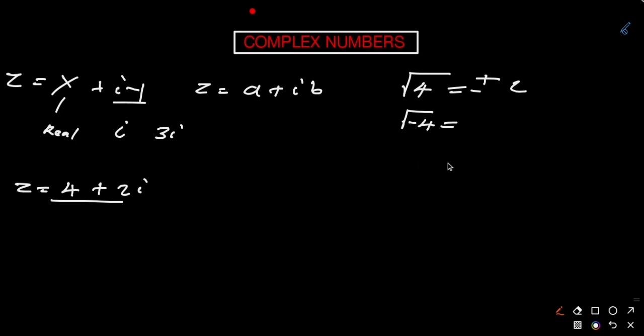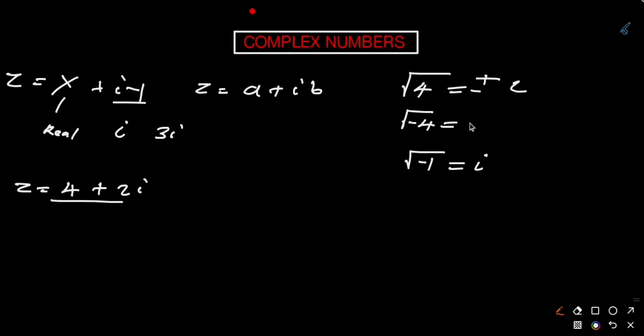One thing you need to understand here is that the root of -1 is always the imaginary part, which is i. Root of -1 is always i. So if you have been told to find the root of -4, just find the root of 4, which is 2. You can say plus or minus, but since we don't want it to be negative, it's going to be positive.